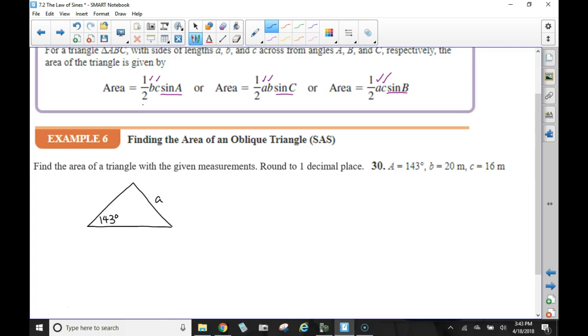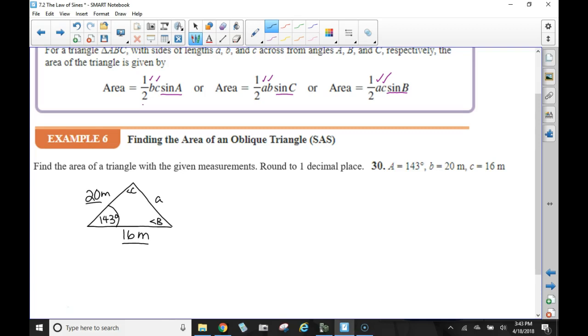Side B is 20 meters. That means this would be angle B down here. We don't need that. Side C is 16 meters. And this would be angle C, in case you care. We don't need that either. We've got side, angle, side. We can find the area.